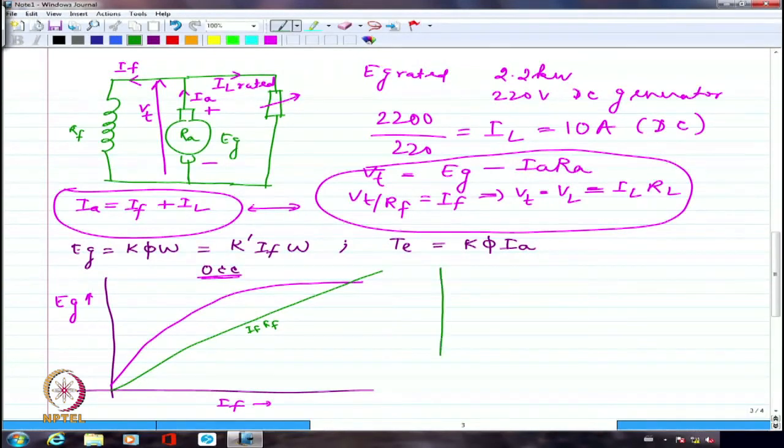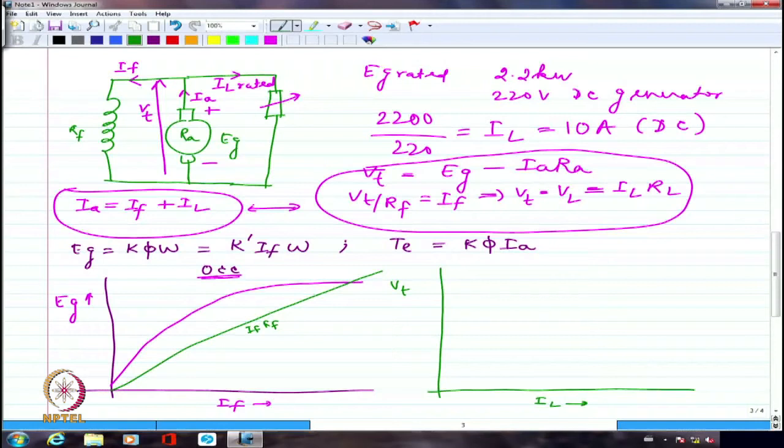So let me take another X and Y axis where I'm going to draw the external characteristics. When I draw the external characteristics, I'm going to look at the terminals. Which means I am more concerned about the load. So I have to look at how much is the load current in one sense, and how much is the voltage that is available, which is Vt or VL in another sense.